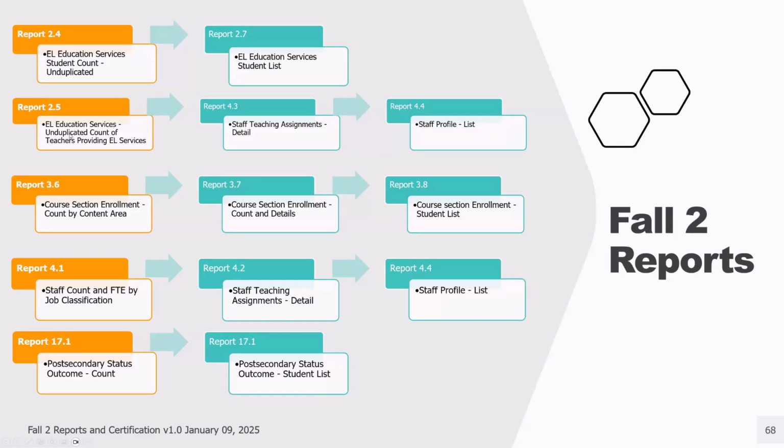So 2.5 is the educators providing EL services count. More detailed than their assignment is the staff profile list. So that's just to highlight how you would filter down and drill down into the reports. The detailed reports are very specific to your subject matter experts.